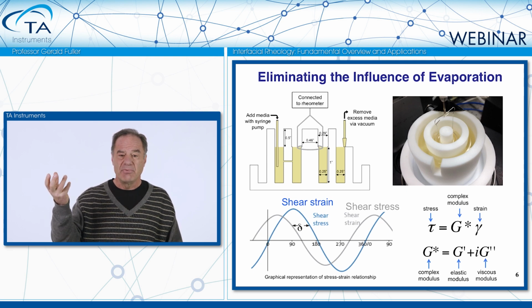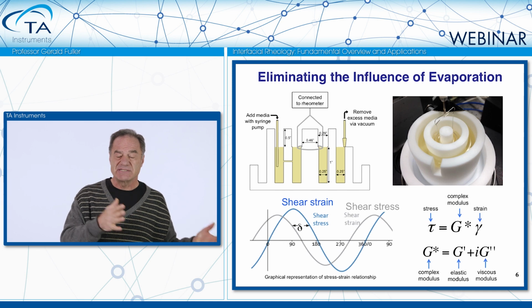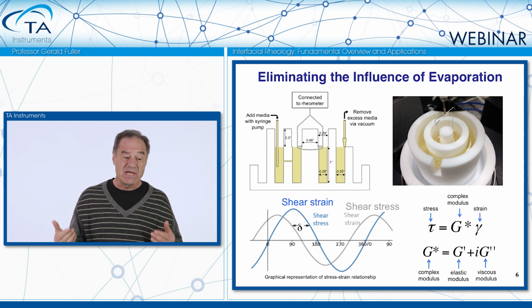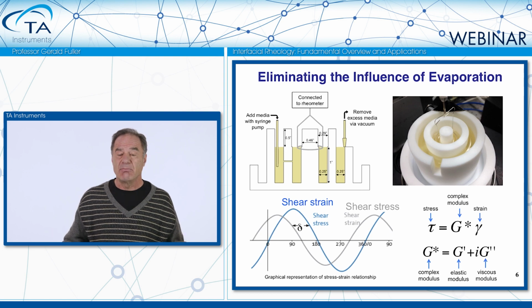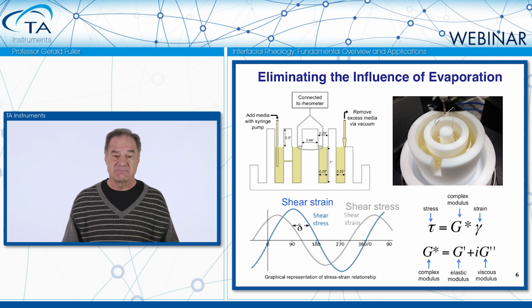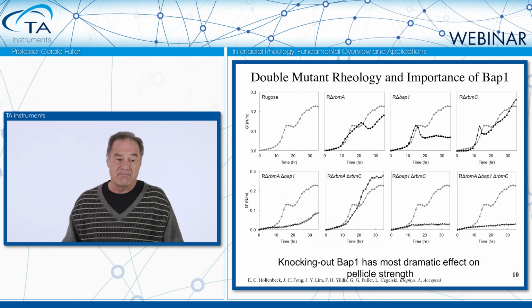And then we use the DHR rheometer from TA, we oscillate the ring, and we measure the relationship between stress and strain, as I mentioned before, and we get two moduli, G prime, the elastic modulus, and G double prime, the viscous modulus. And we track those as a function of time. And you can see them here for the wild type, or the rugose.